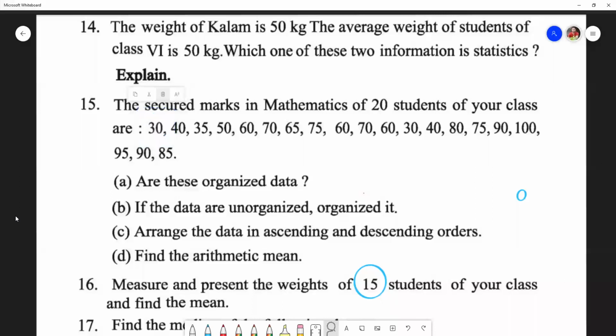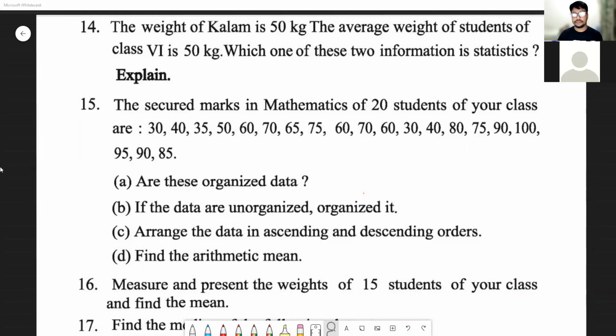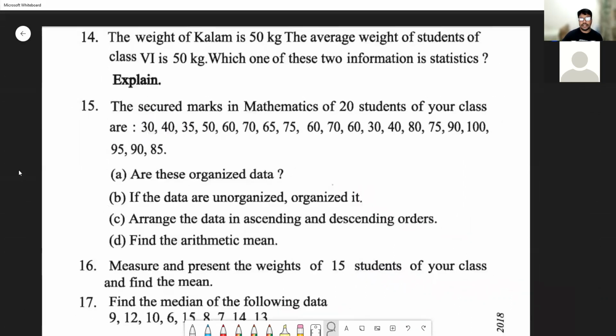Okay, first read the question properly. Question number 15. The secured marks in mathematics for 20 students of your class are 30, 40, 35, 50, 60, 70, 65, 75, 60, 70, 60, 30, 40, 80, 75, 90, 100, 95, 90.